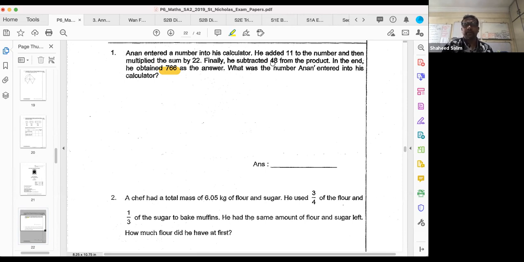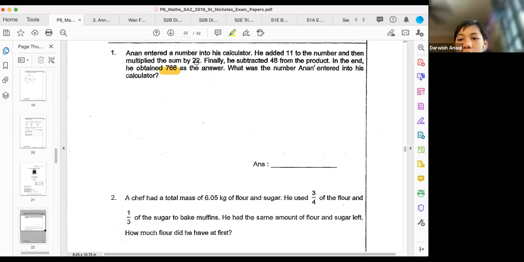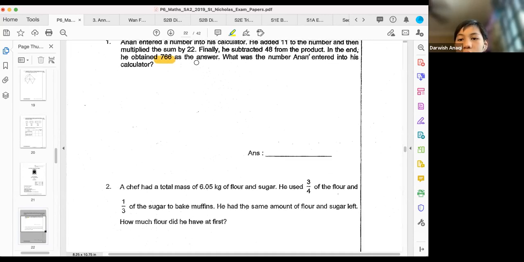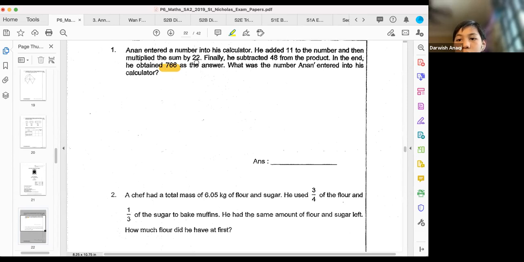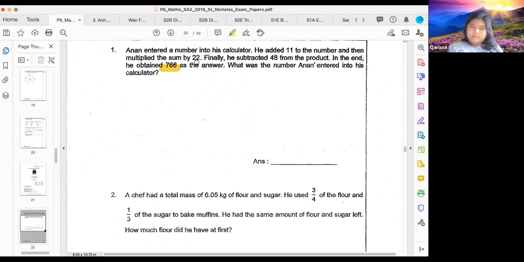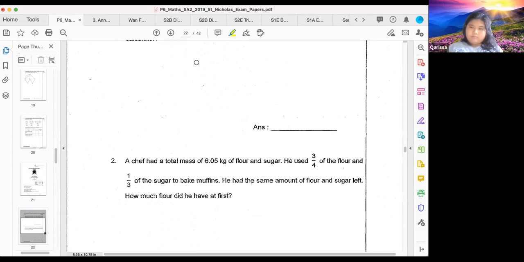Then after that, divide the sum by 22. So you must divide by 22. And then after that, you minus 11. How much you get? You get 20 something? 26. Yeah, 26, well done. Okay, now we move on.